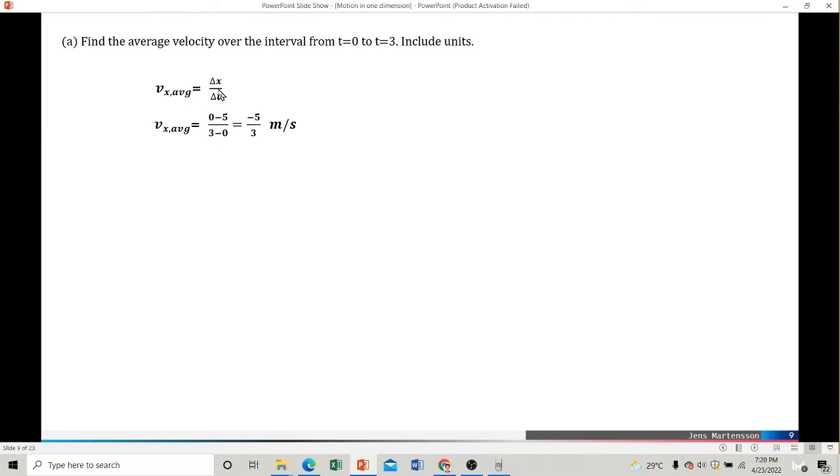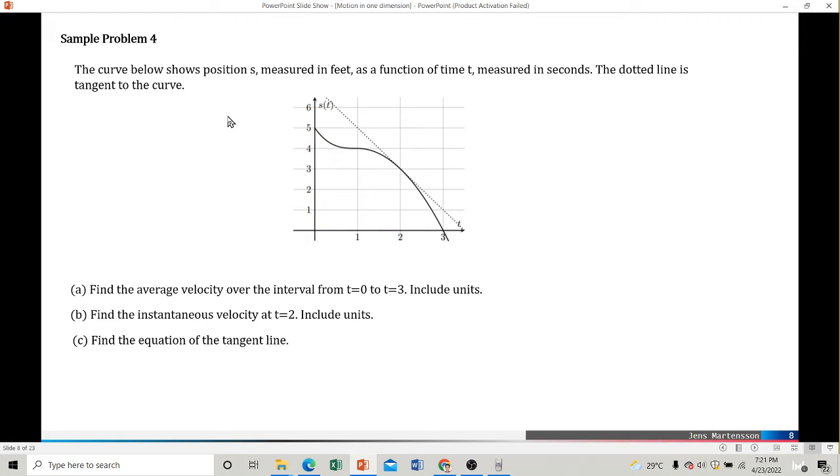So we need to find the displacement with respect to the interval from t equals 0 to t equals 3. At t equals 0, the initial position is, as we can see in our figure, at 5 meters.